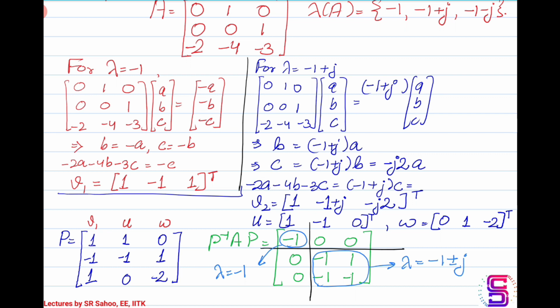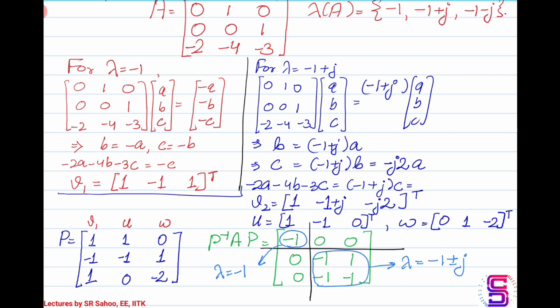When I take P inverse AP to find the Jordan form, we observe two Jordan blocks. The first Jordan block corresponds to the eigenvalue minus 1 and is of size 1 cross 1, and the second Jordan block corresponds to the complex conjugate pair of eigenvalues minus 1 plus minus j and is of this form.